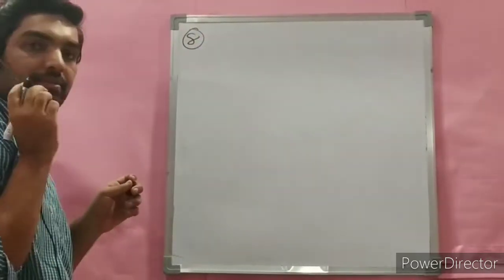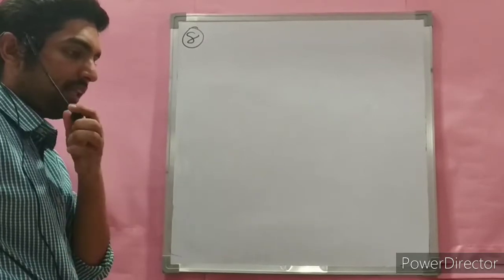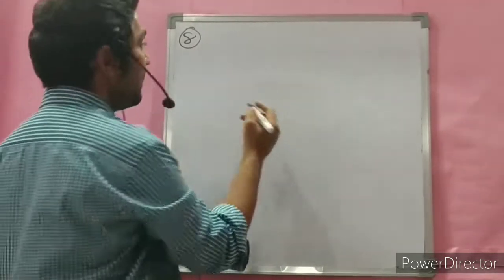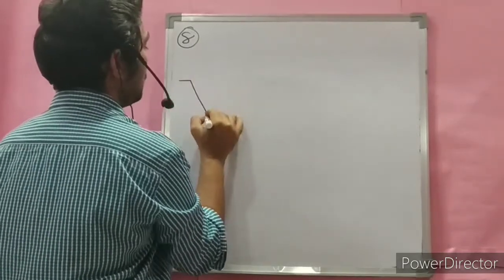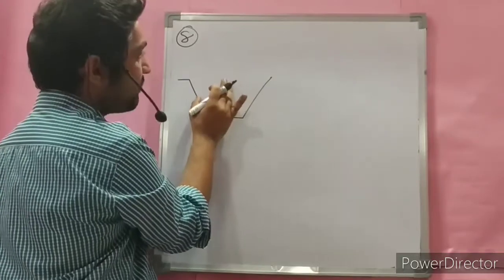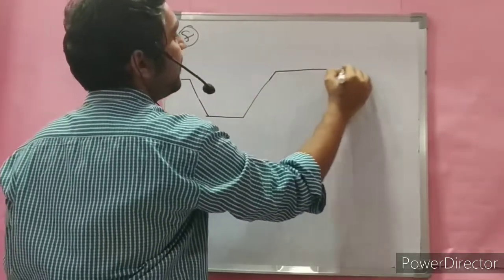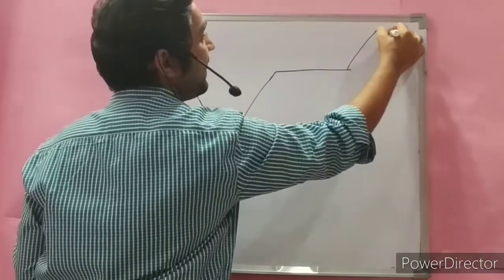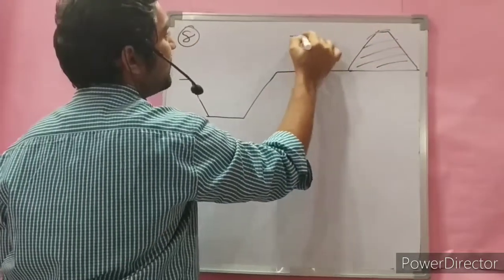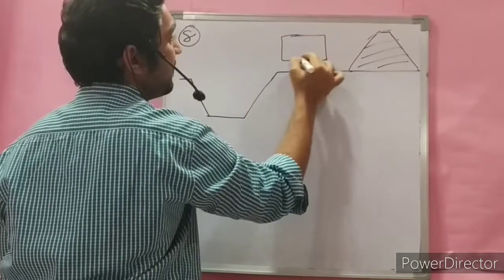Question number 8. For constructing an embankment, the soil is transported from a borrow area using a truck. So this is the borrow area. The soil is transported from this borrow area to another place. How is the soil transported? By using an intermediate truck.